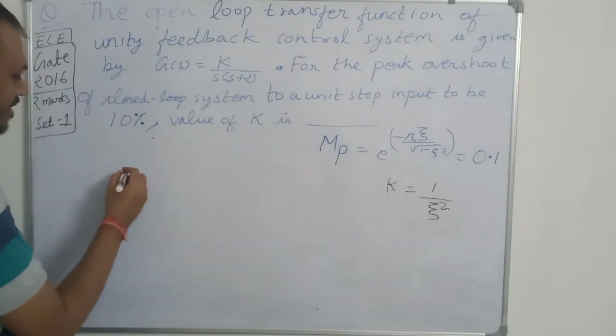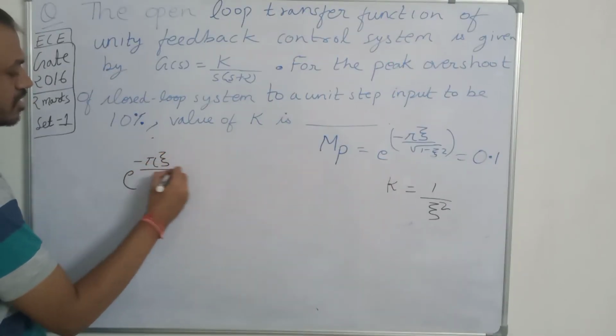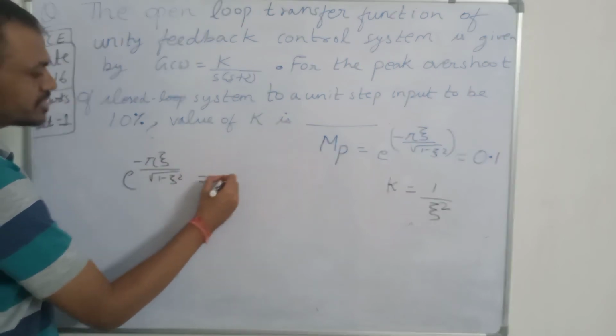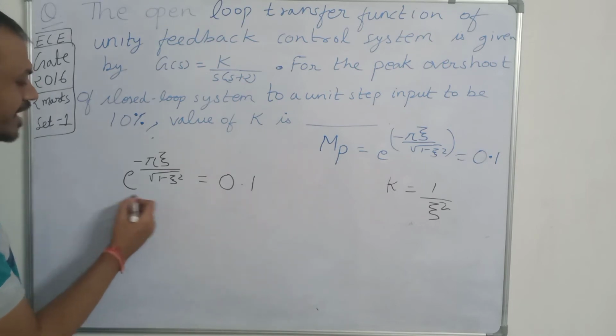So e^(-πζ/√(1-ζ²)) = 0.1. We can take the natural logarithm of both sides.